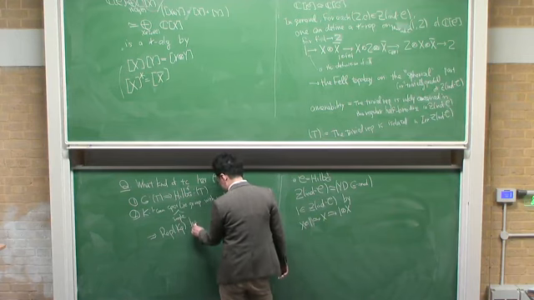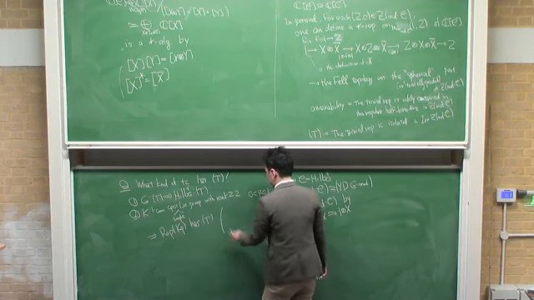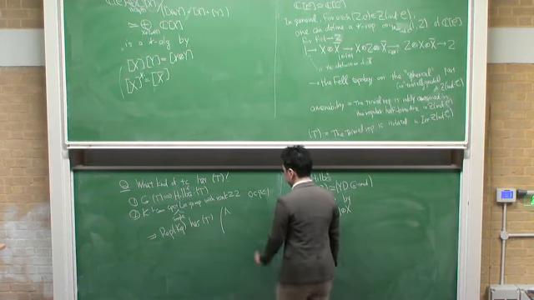Then this has property T. So this is done by myself first.